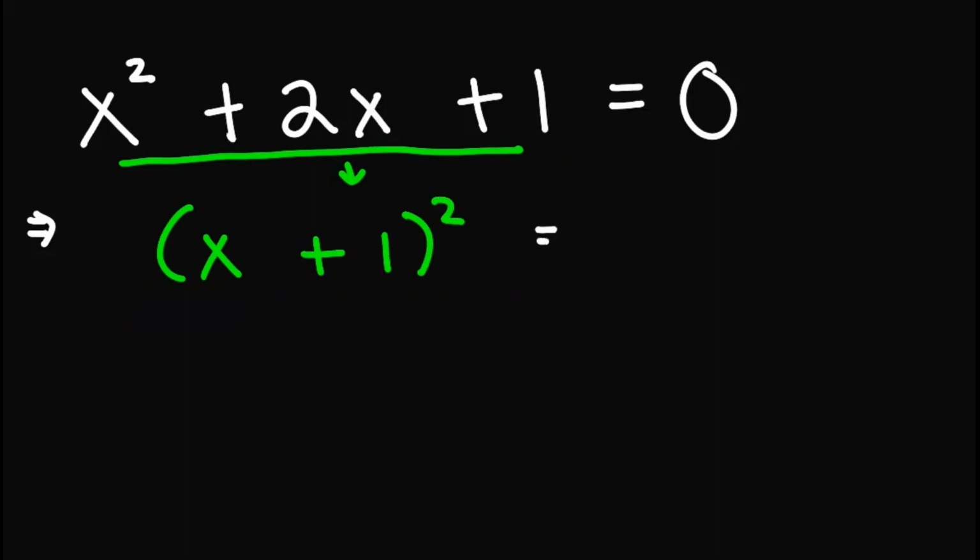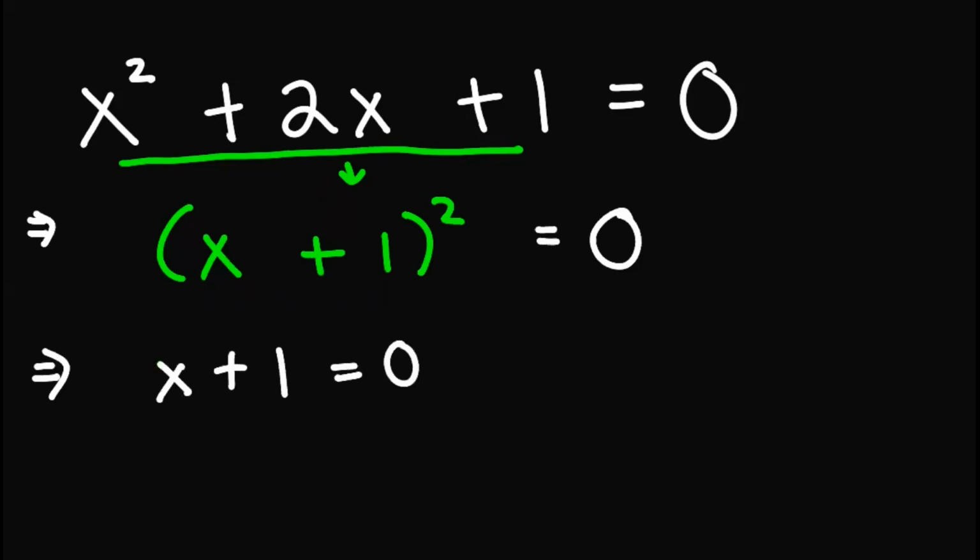Bring down the equals 0. And now, when we have this, we observe, when will this equality hold? The only possibility is that this expression is equal to 0. So we take note that this is true if x plus 1 is equal to 0.